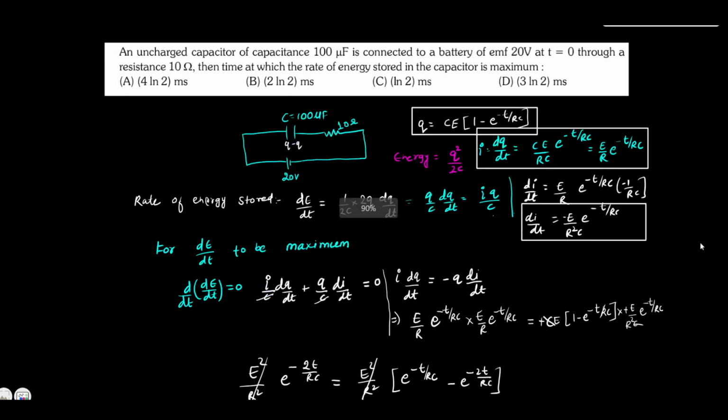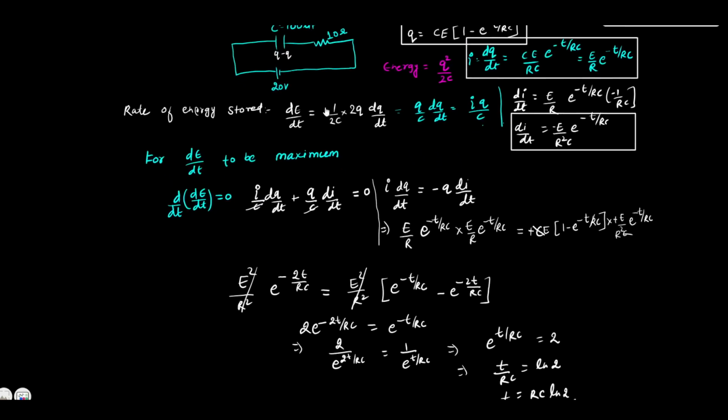If you look at the previous question, we have calculated the rate of energy stored, and that was I Q by C. I will use this expression and put the value of t to get the answer.